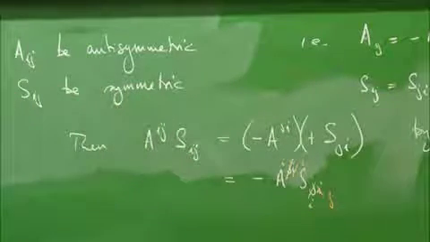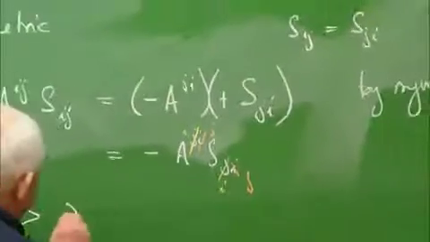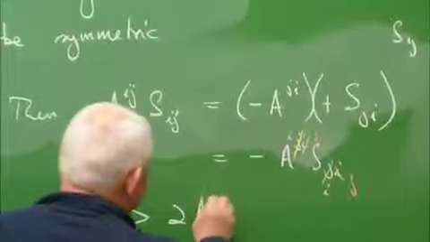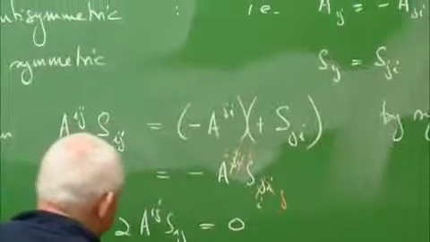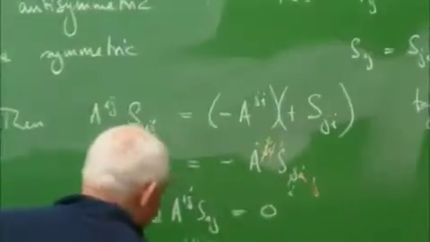Everybody happy with that? And now you see that you've got exactly the same thing on the right-hand side as you've got on the left-hand side, except for the sign. Take everything over to one side, and this means that 2 Aij Sij is equal to 0, and therefore Aij Sij is equal to 0.